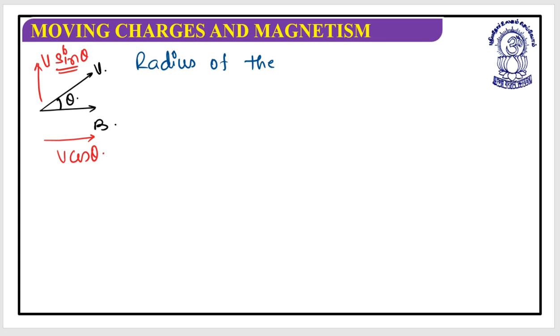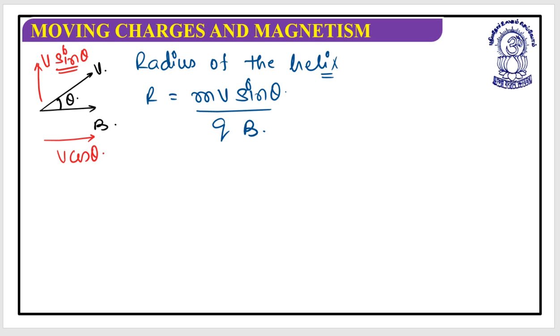R can be written as m v sin theta divided by q into B. Previously it was R equals mv by qB, where V was the perpendicular component. Here the perpendicular component is V sin theta.